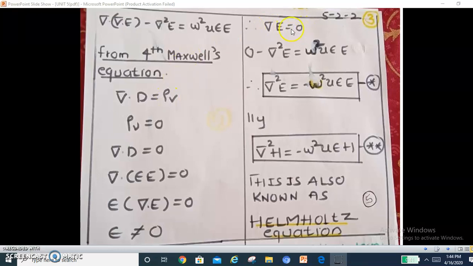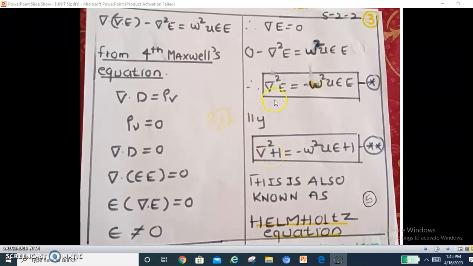So this del dot E can be substituted over here. Then we get del square E is equal to omega square mu epsilon E. This can be rewritten as del square E is equal to minus omega square mu epsilon E, as the negative can be substituted over here. So from here we can conclude that what we have derived for the electric field can be applied to the magnetic field also.